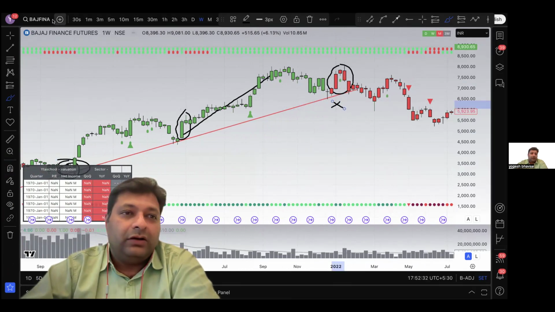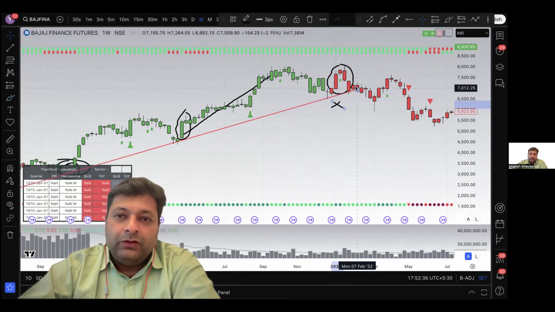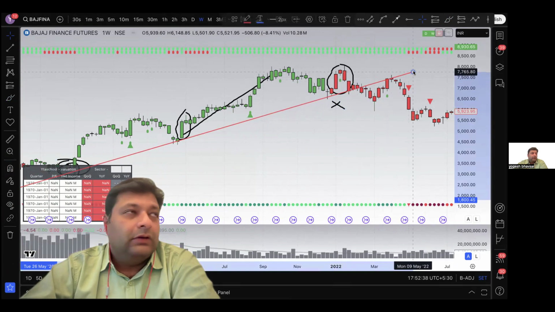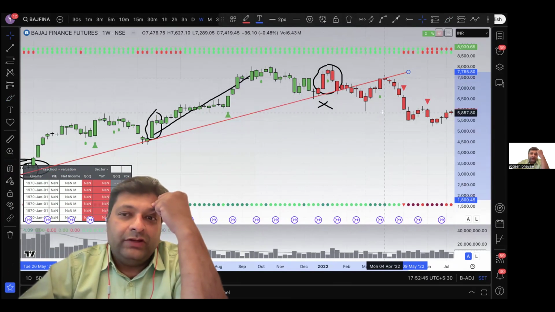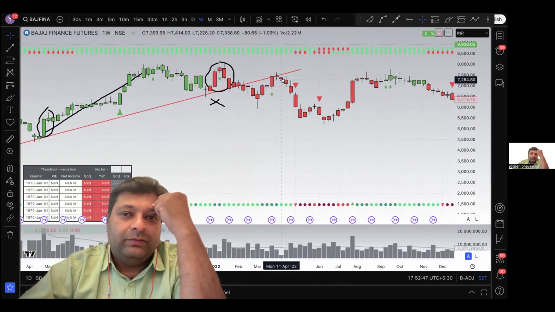So what happened after that? The stock came back, took the support, took the rejection over here, and just plunged down.